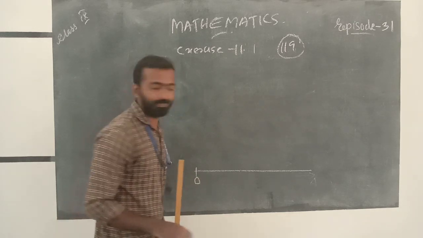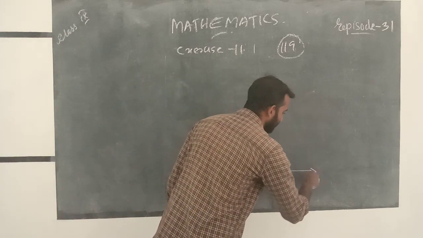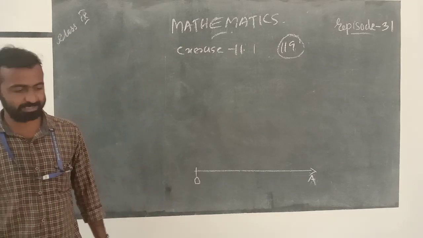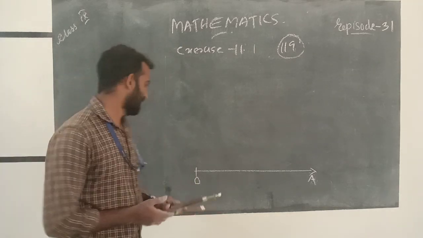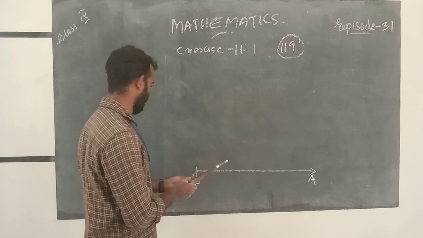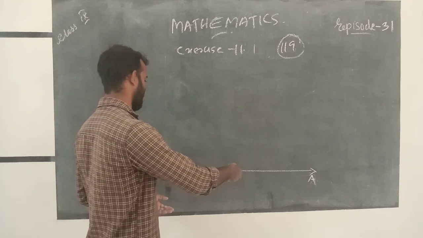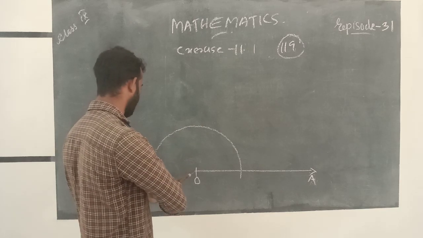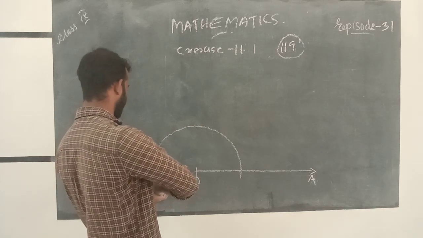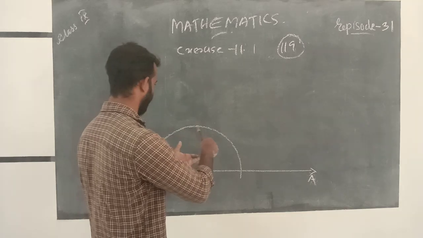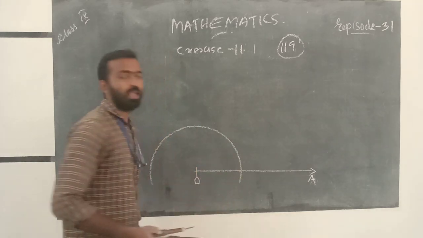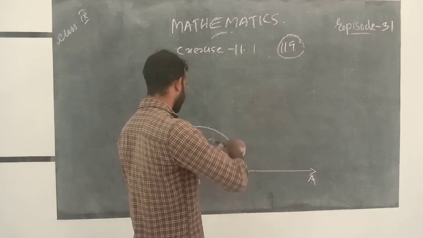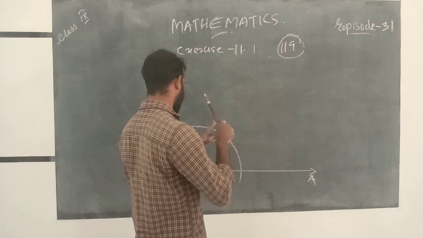This is O and this is A. We mark a semicircle, and we make the same arcs.